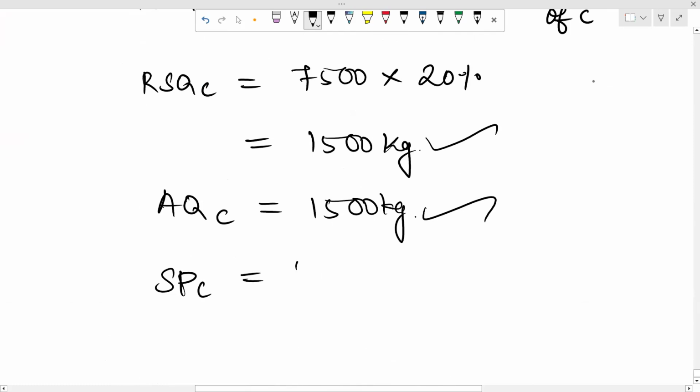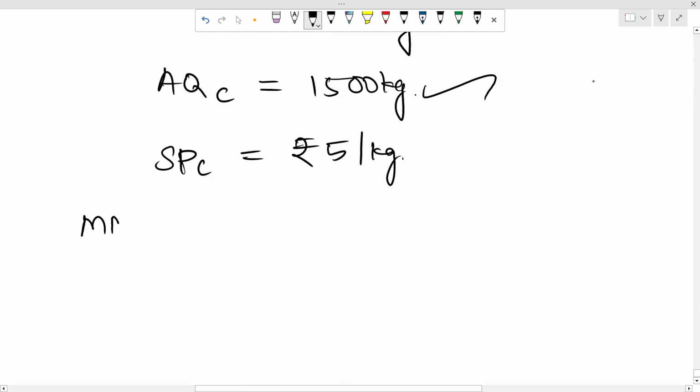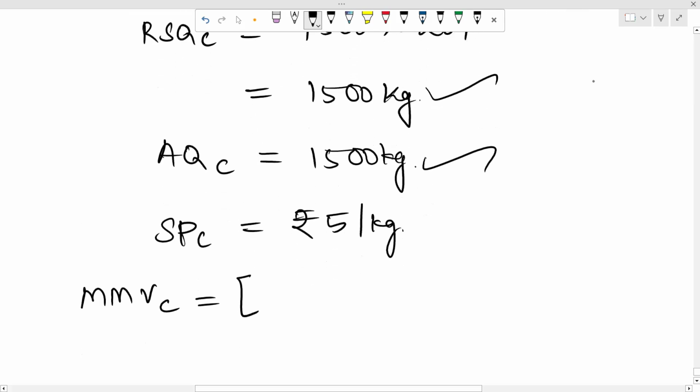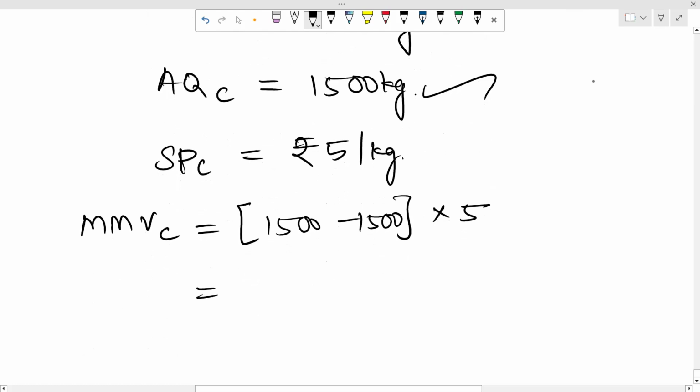Standard price of raw material C is rupees 5 per kg. So now just apply the numbers in the formula. Material mix variance of raw material C is equal to revised standard quantity 1,500 and actual quantity also 1,500 into 5. So we get 0 into 5, which is 0.